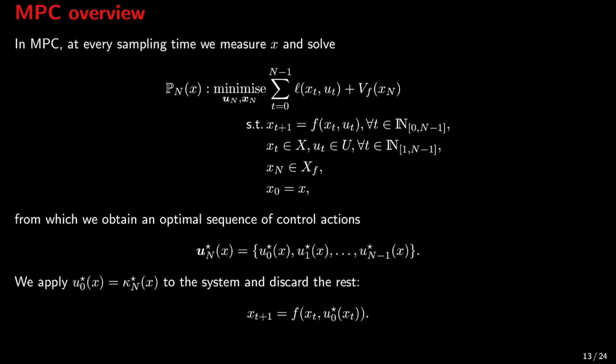Recall that u0 star is the same as kappa N star if we use the dynamic programming notation that we introduced earlier. We can simply discard and forget about the rest. And the closed loop system dynamics becomes x_{t+1} is f of x_t, comma, u0 star of x_t, or kappa N star of x_t.